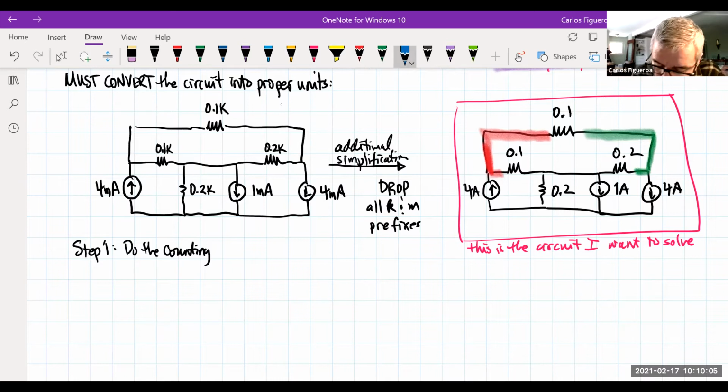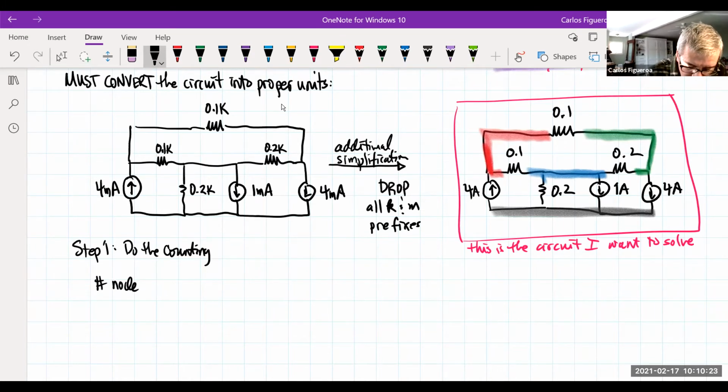Then I have a third node. And then finally, I have a fourth node. And I'm going to define my ground. So I'm going to count my nodes. The number of nodes in this case is what? 4.